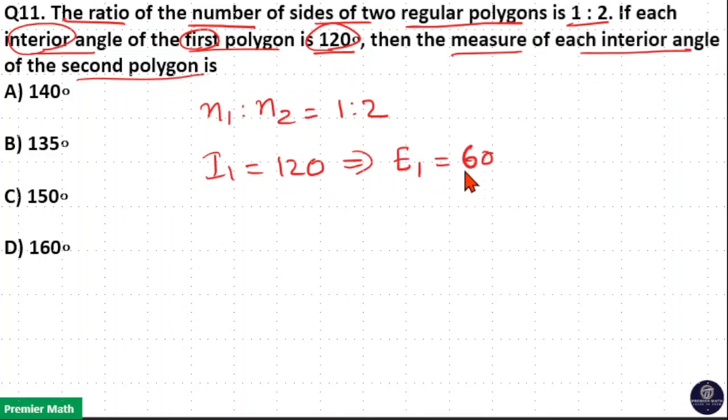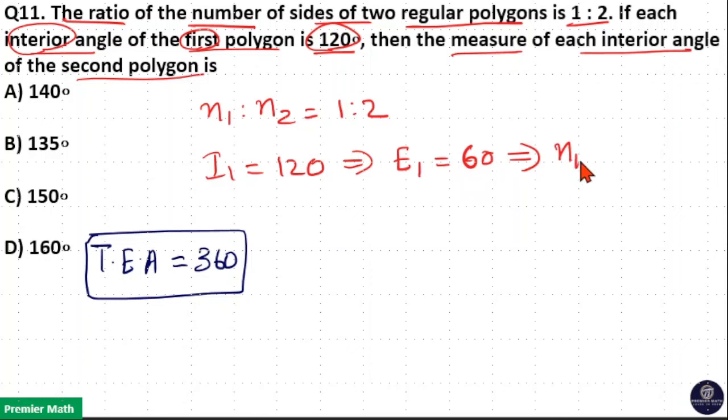If exterior angle is 60 degree, you already know total exterior angle of any polygon is 360 degree. In that case, each of the exterior angle in the first polygon is 60 degree means number of sides of first polygon is total exterior angle divided by angle of each exterior.